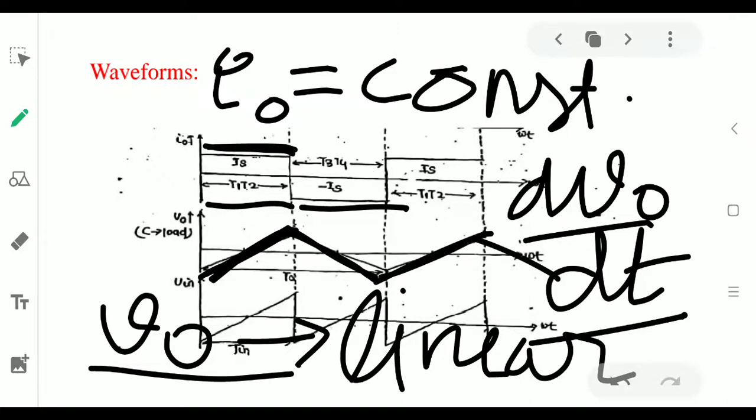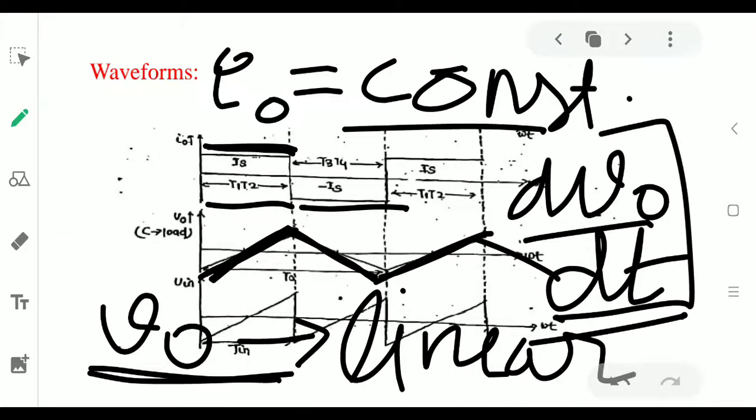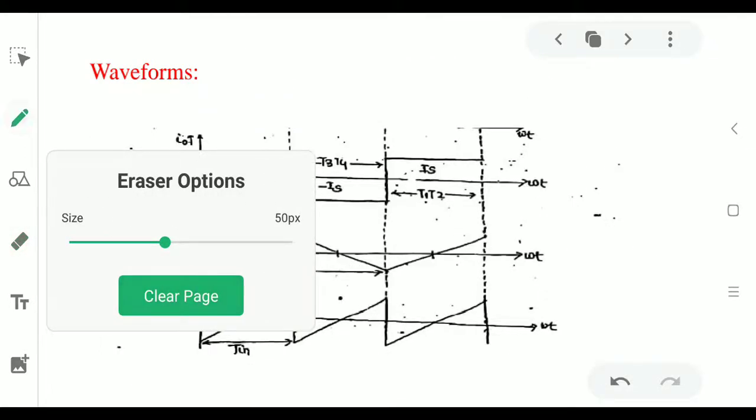So you can easily calculate V0, because I0 is equal to C dV0 by dt, so dV0 by dt is a constant. That means V0 is a linear function, with positive slope when T1 and T2 are on, and negative slope when T3 and T4 are on.